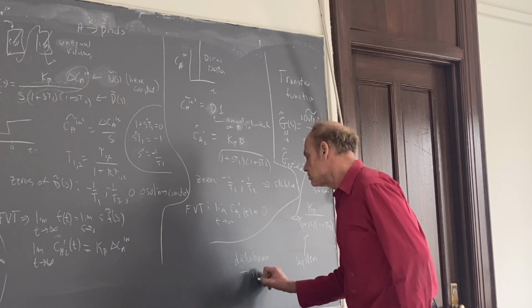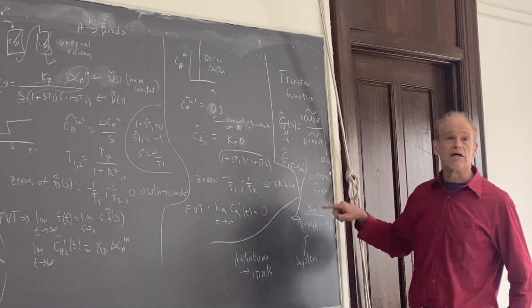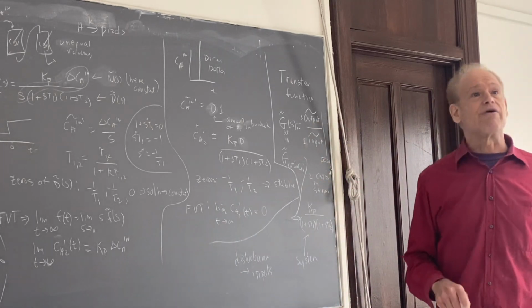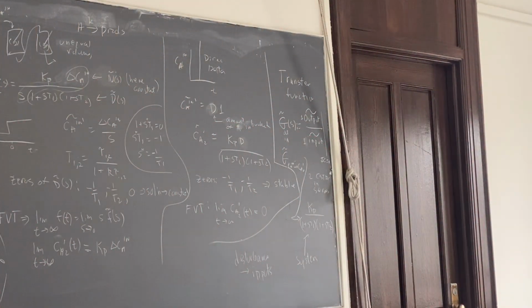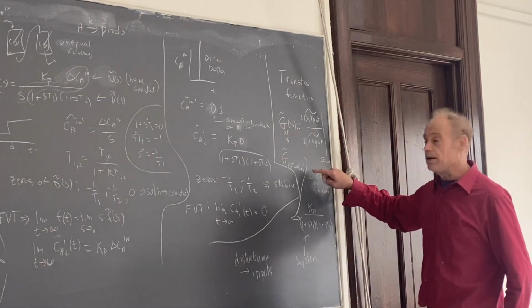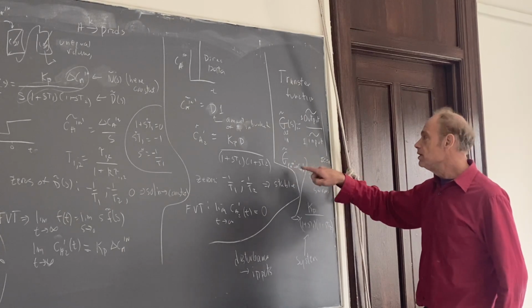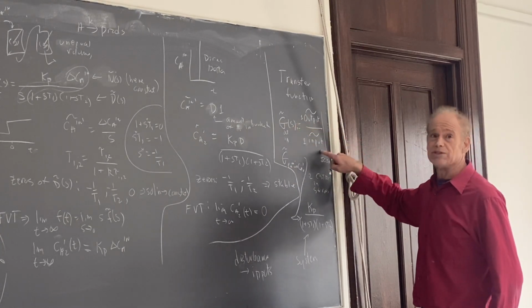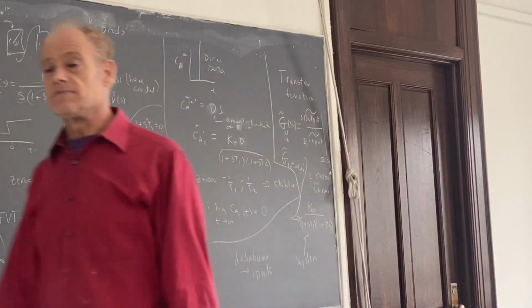So G tilde, the transfer function, characterizes the system, not the disturbances. And once I have G tilde, I can take any input and see what happens to the output. So the output is just G tilde times the input. And I can just swap out the inputs.